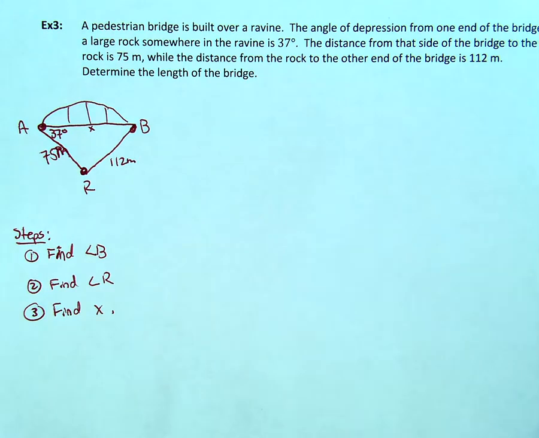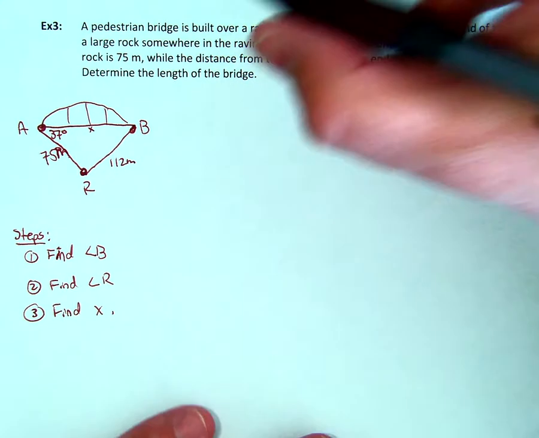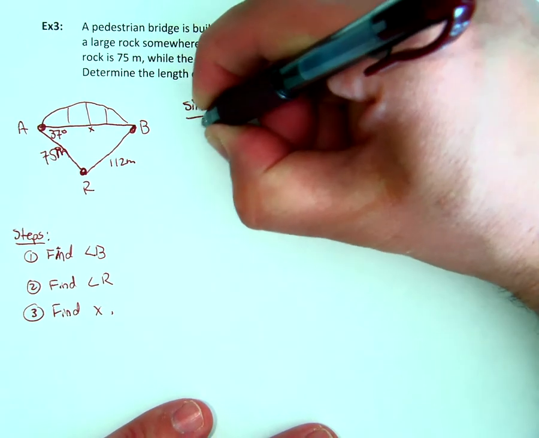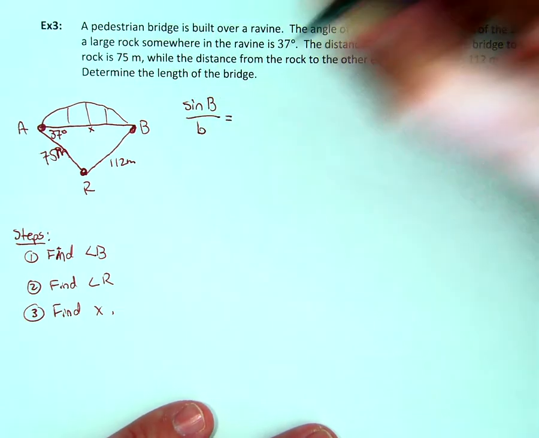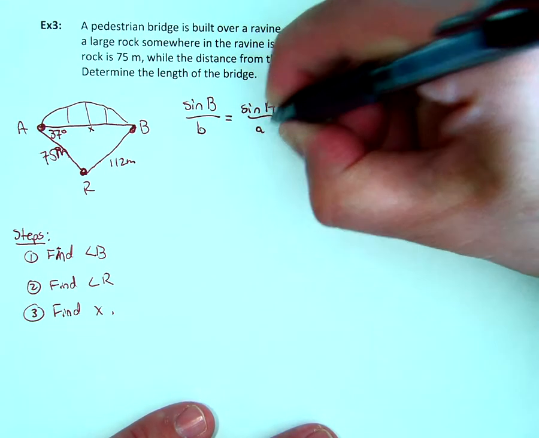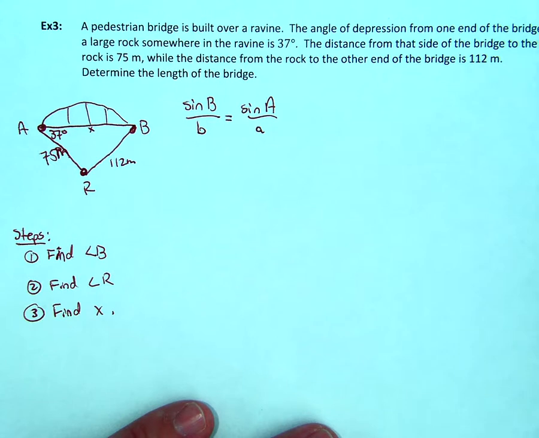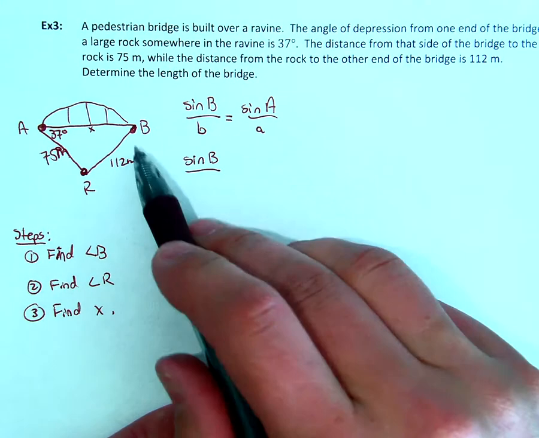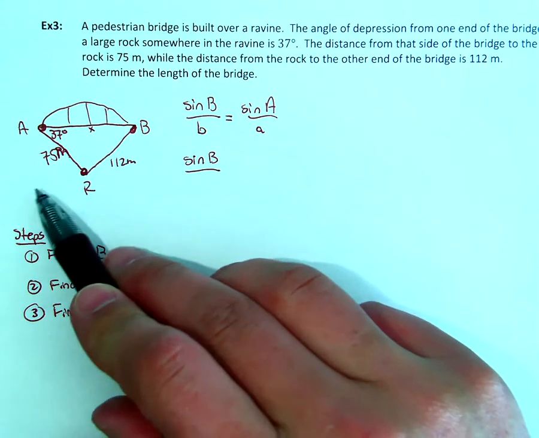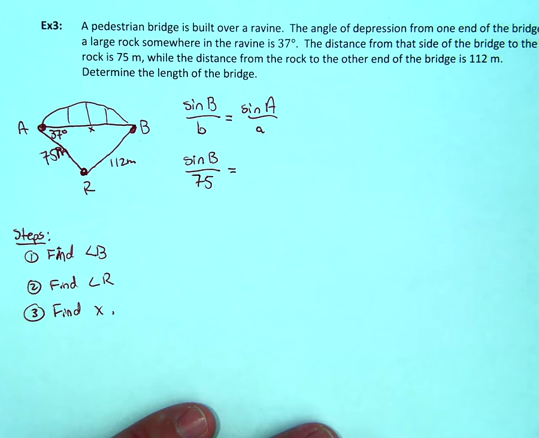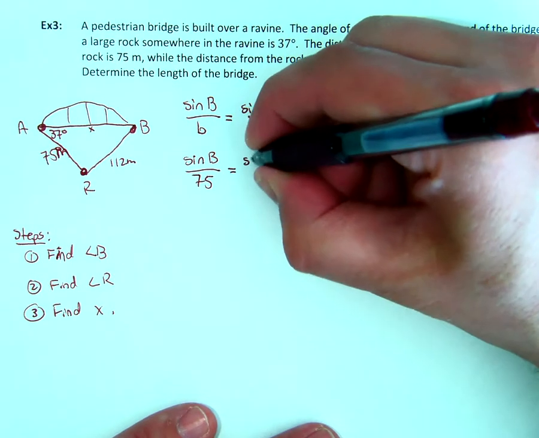So first step, find angle B. So I have to use the sine law. So I'm going to have sine B over little b is equal to sine A over little a. So B is my unknown, just leave it as sine B. Little b will be the side across from the big B, so little b will be 75. Sine A, angle A is 37, so sine 37.